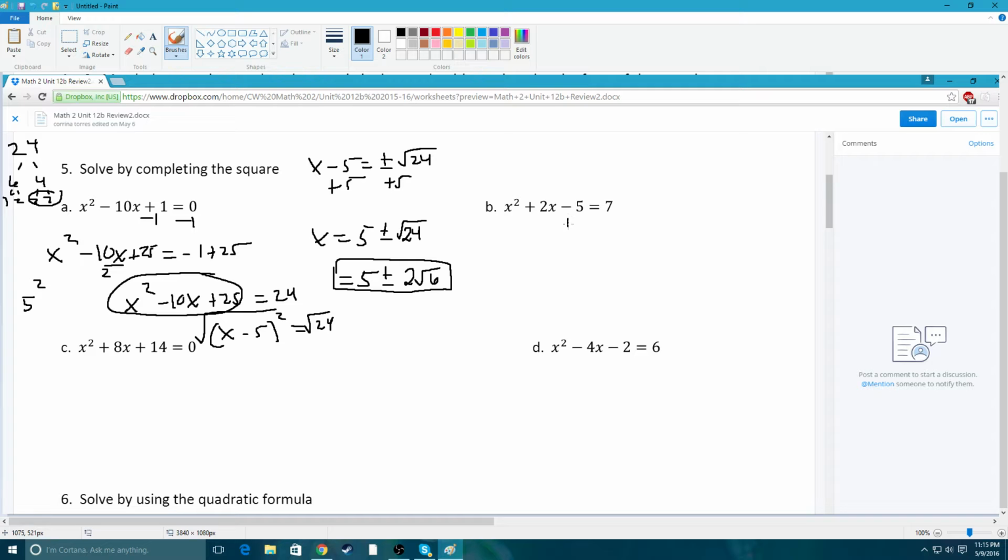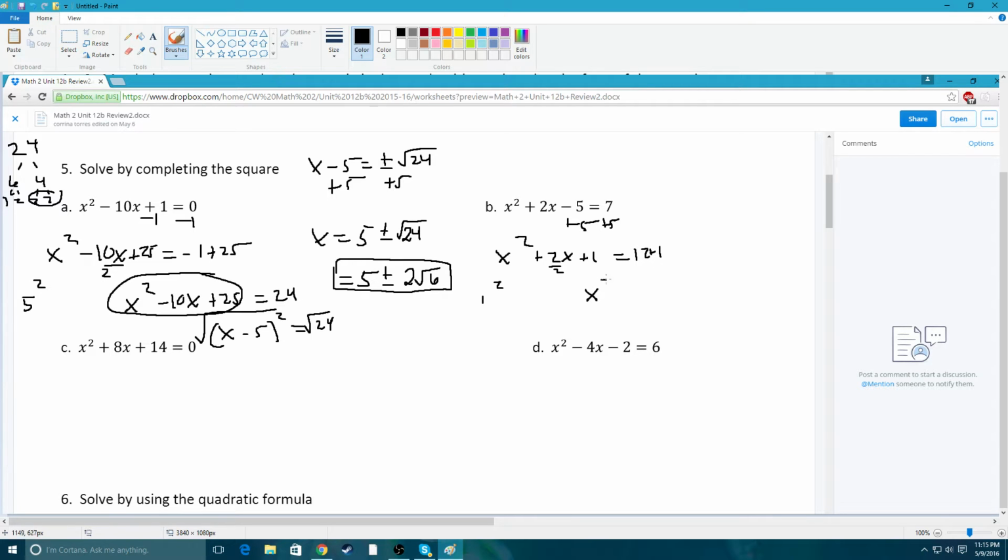Okay, for b, add 5 to both sides. So you get x squared plus 2x equals 12. You cut this in half, so you get 1, and 1 squared is 1, so you add 1 to both sides.